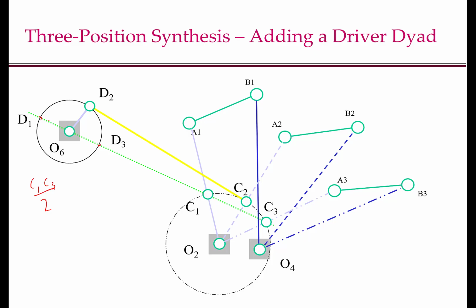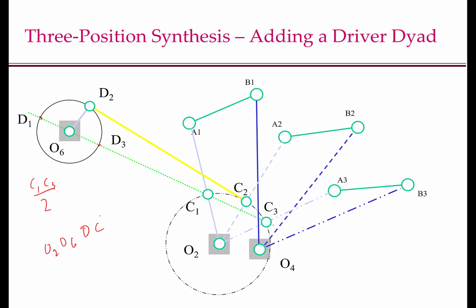Again, the overall mechanism is a 6-bar mechanism, and the 4-bar subchain O2, O6, D, C has to be a Grashof mechanism. If this is not a Grashof mechanism, then we do not have any crank.